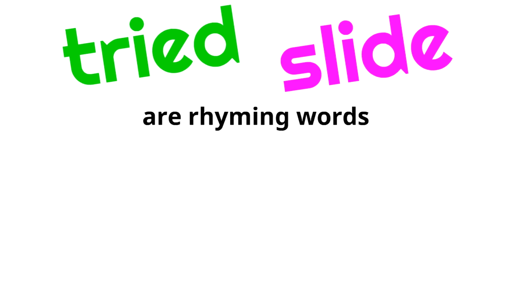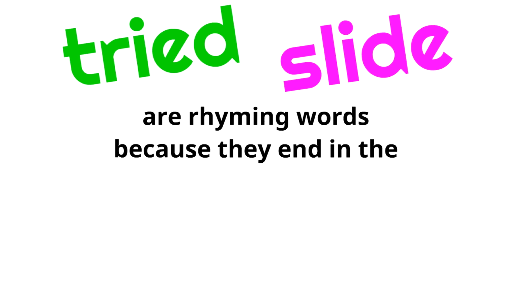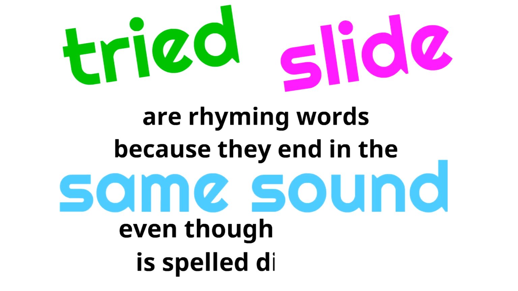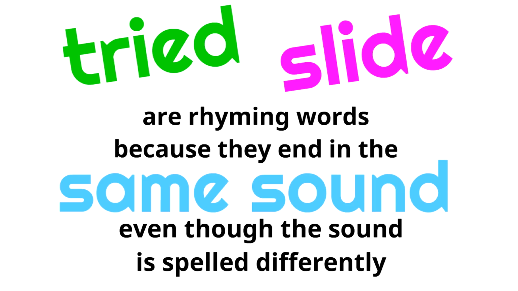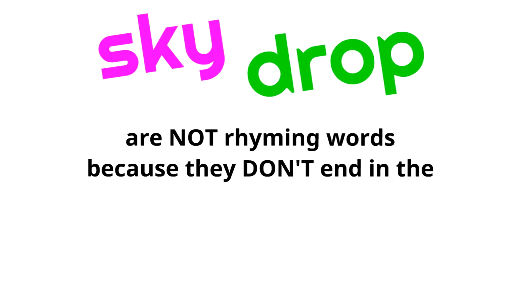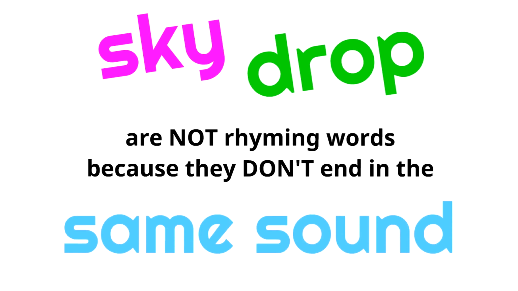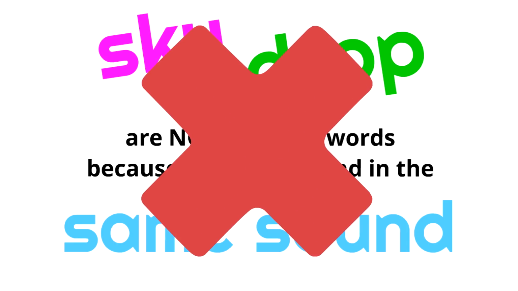Tried and slide are rhyming words because they end in the same sound, even though the sound is spelled differently. Tried, slide. Sky and drop are not rhyming words because they don't end in the same sound. Sky, drop.